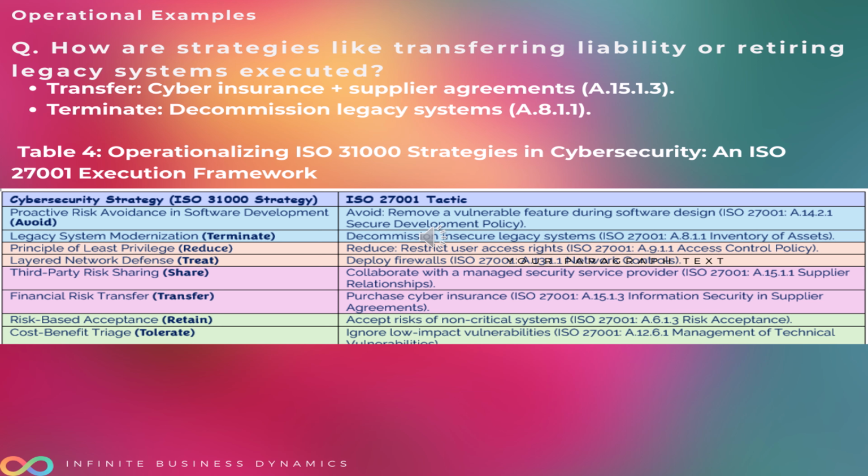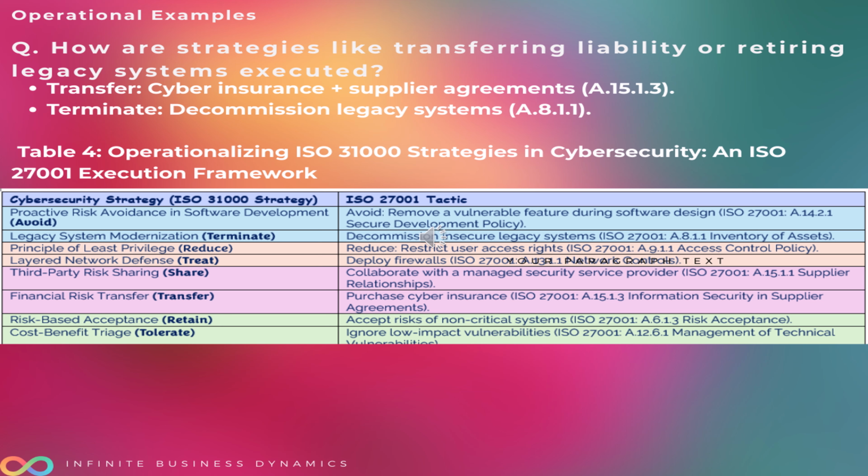To transfer liability, they purchase cyber insurance, complying with supplier requirements. For avoidance, they remove vulnerable features during software design, following secure development guidelines. Even tolerating minor risk is systematic. Non-critical software updates might be ignored under vulnerability management standards.